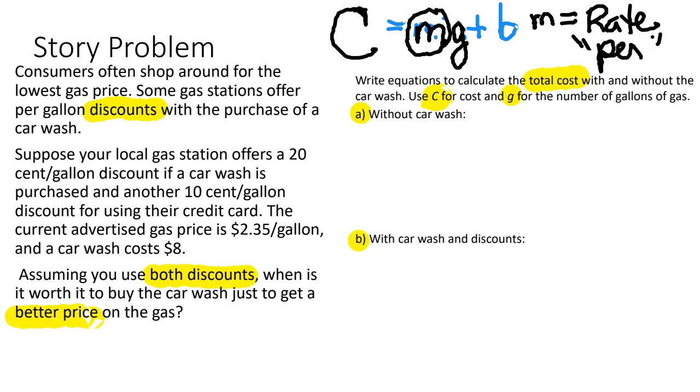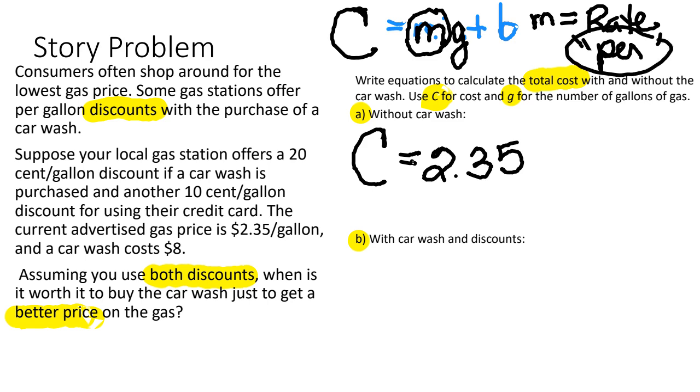So let's look at A. Without a car wash, C is going to equal $2.35 per gallon, that's what that m is going to represent, per gallon. This phrasing is how I write this one: $2.35 per gallon.